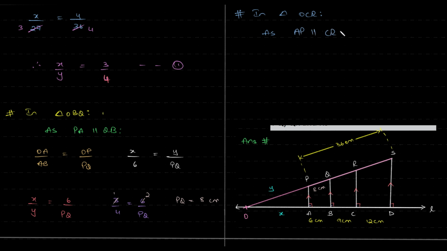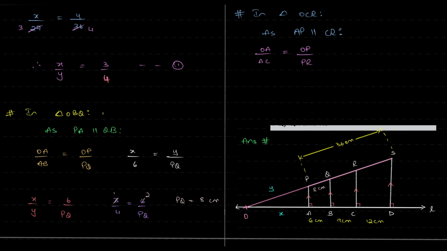So with this, what can we tell? With this, we can tell that we have OA by AC, which is equal to OP by PR, right? So with this, we can find the length of PR, and subtracting PQ from that, we'll find QR.